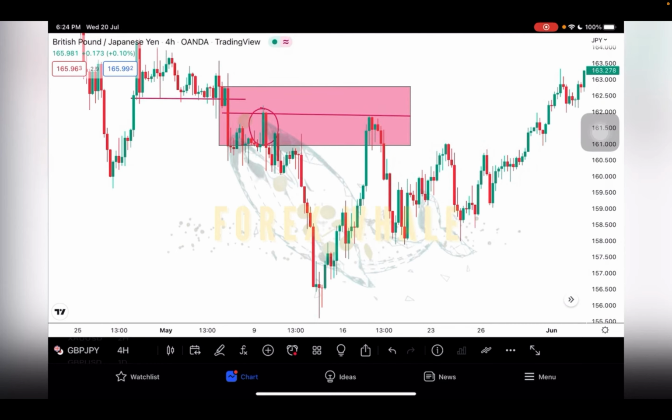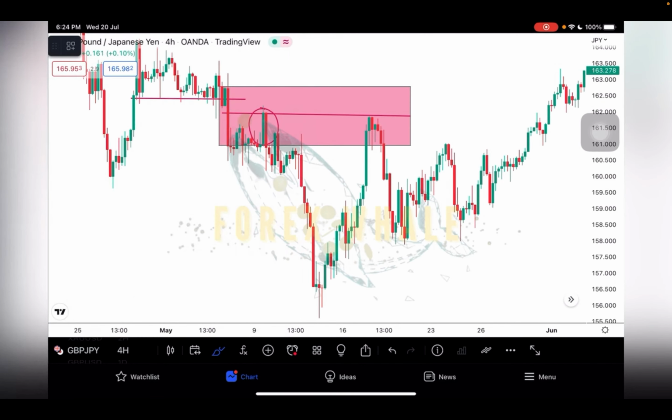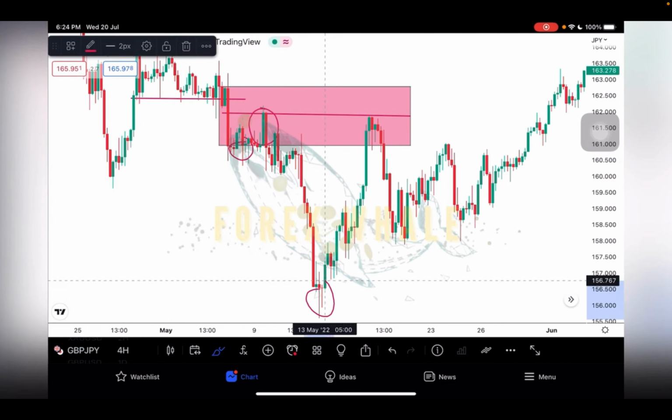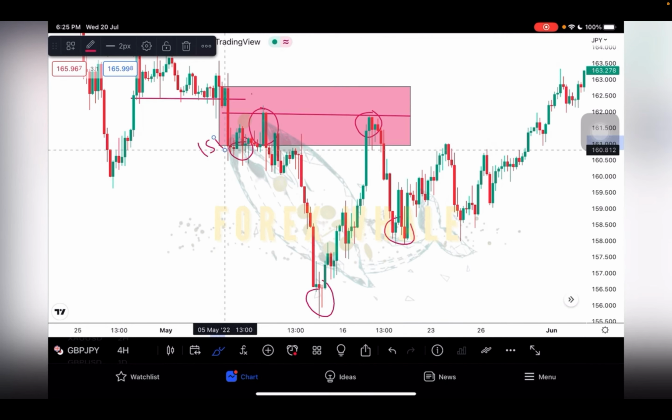Because if we were to place our trades here, we will get more pips. If we wait for this breakout pullback, yes, we get a good setup as well, a sharp entry, but we won't get as much as the first entry. So this is your first entry, and then you have your second entry.